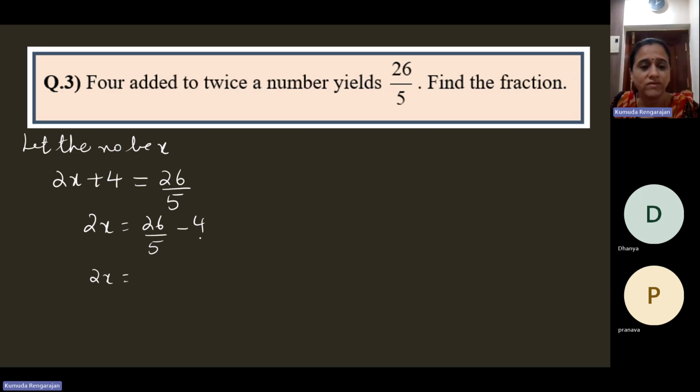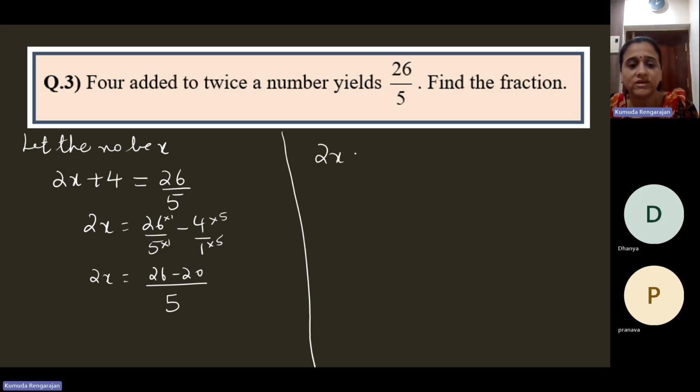So 4 means 4 by 1. Okay, so 5 is the common denominator. So 26 minus 20. So 2x is equal to 6 by 5.